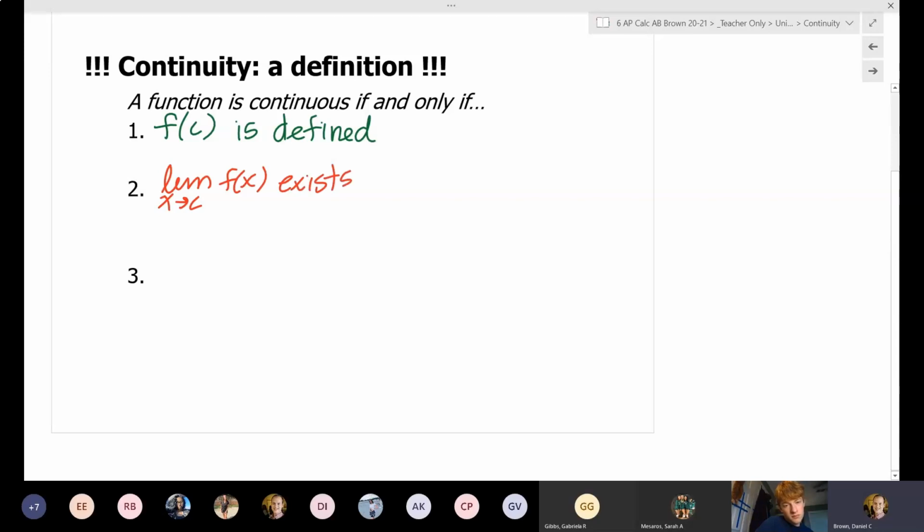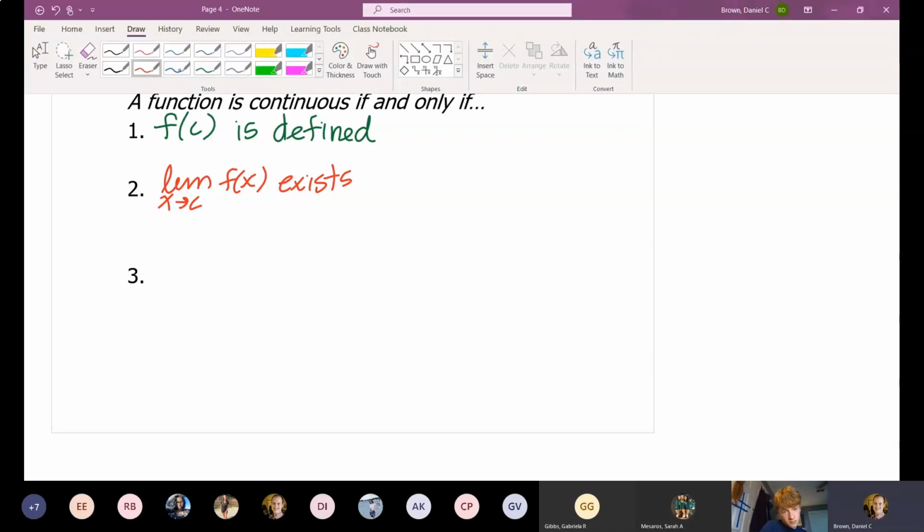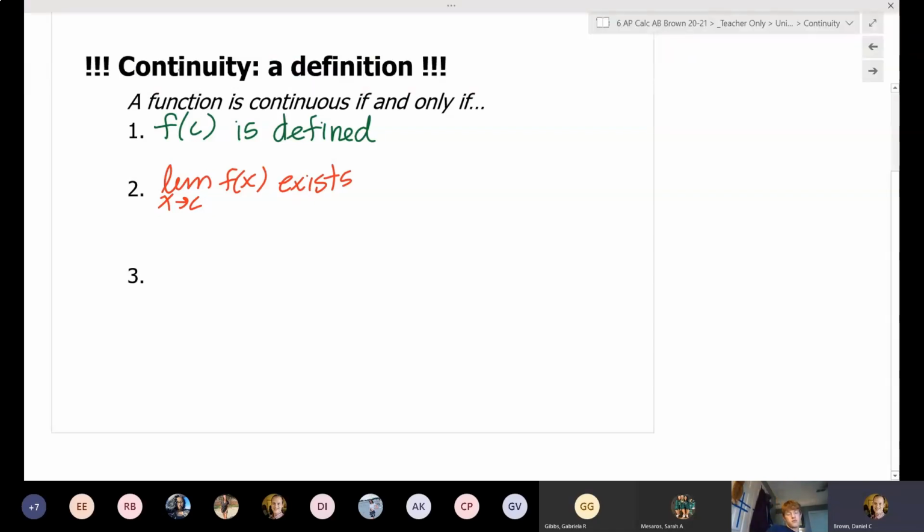And I'm using C here, just kind of a stand-in. C could, of course, be any number. I do want to remind us again, for a limit to exist, when you come in from the left, that has to be equal to what you're doing as you come in from the right-hand side.